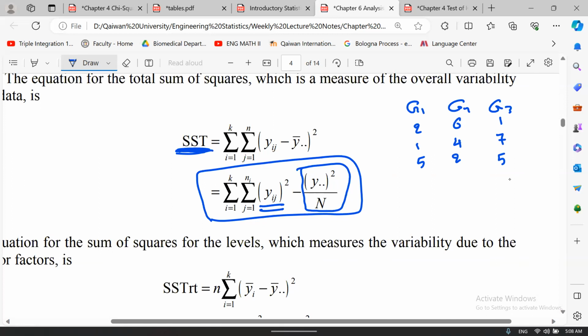It's okay if we don't have the same number of data for each group. Even if you have a different number of data for the groups, it's possible. Now, how to calculate SST for this data?